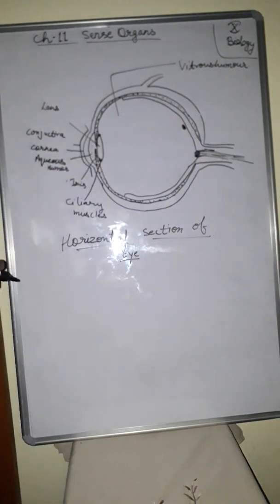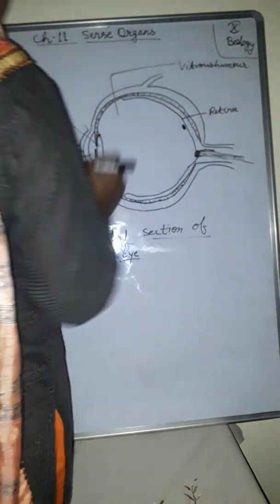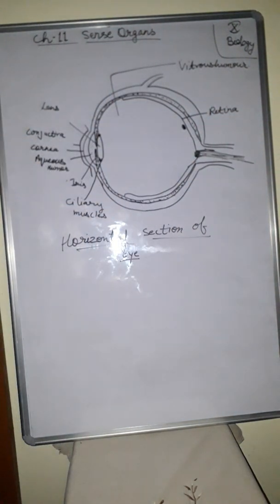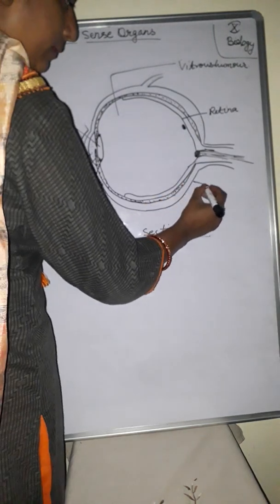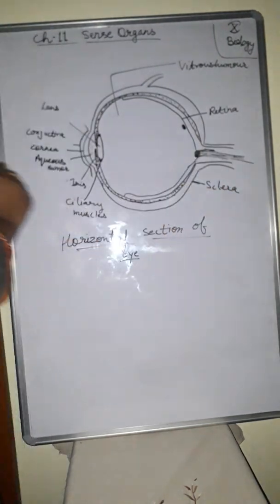This one is the suspensory ligament, this one is the lens, and this one is the retina. The outer layer is called sclera, or sclerotic layer.